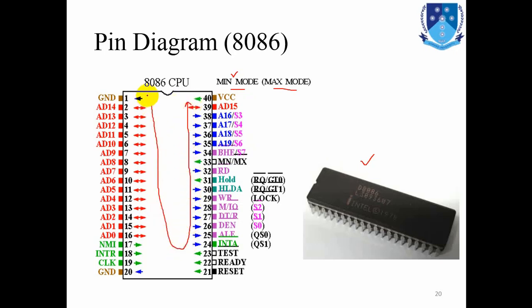It means that the top left is pin number 1, the starting pin of the IC, while the top right of the IC is the last pin, the 40th pin. Here an arrow has been shown with each pin. Some are pointing out of the IC, some are bidirectional, and some are pointing in to the IC.